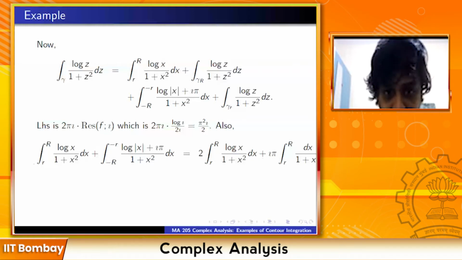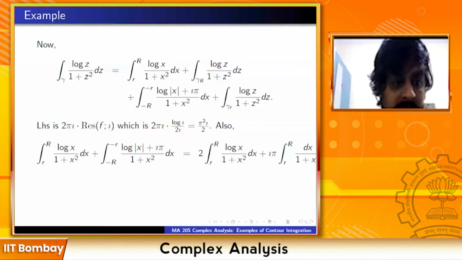And log of i is equal to pi i by 2. So you get pi square i upon 2. This is the left hand side integral, just using knowledge of the residue. Therefore, you know the sum of the 4 integrals.